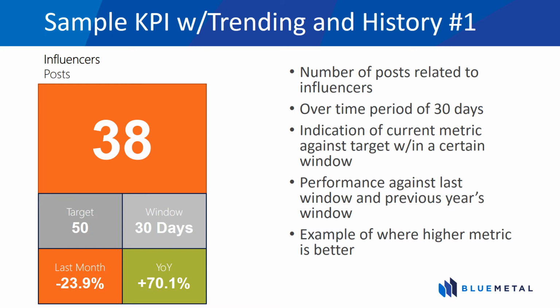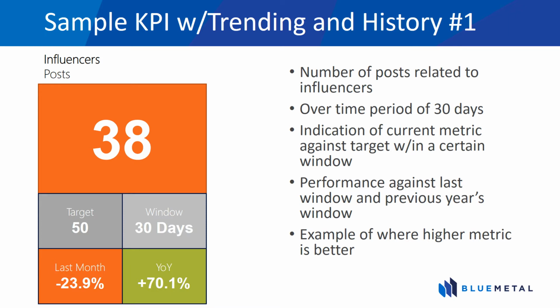And we're providing some history around this as well, and it depends on how you look at the history. If you look at last month, we're also way down from last month, so that's not good either. But if you look at the same time period last year, we're actually up 70%. So depending on how you look at it, this could be a good metric or it could be a bad metric. So the KPI gives you both of those options of interpretation.